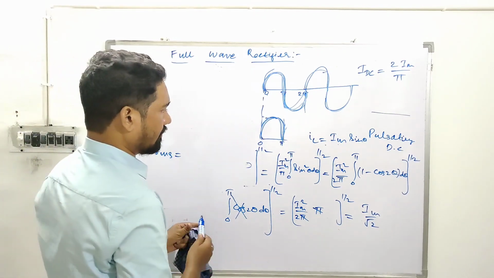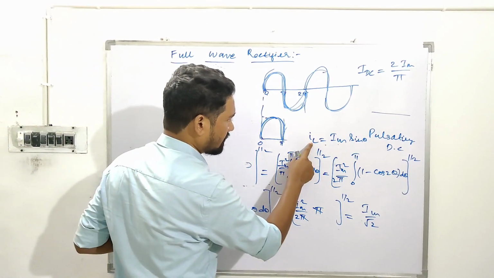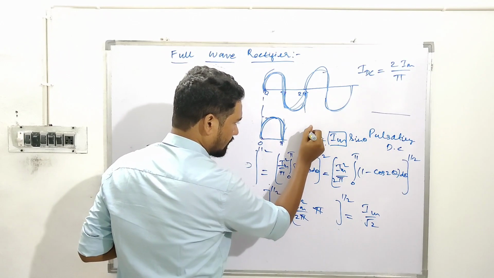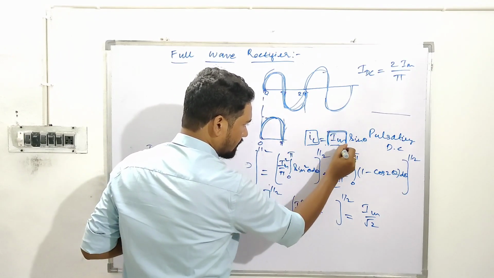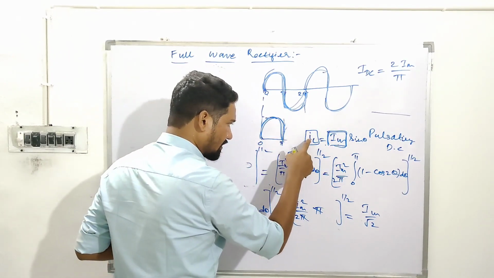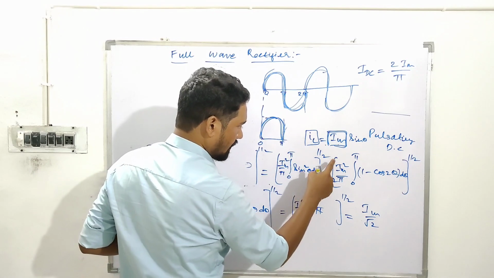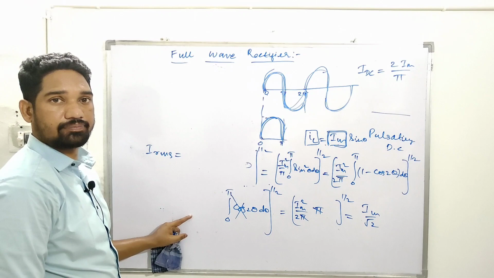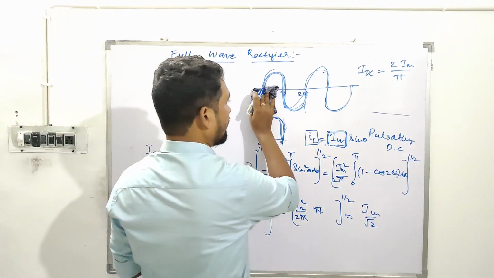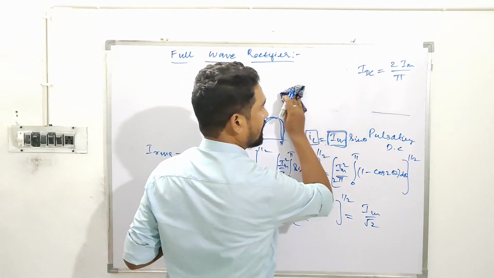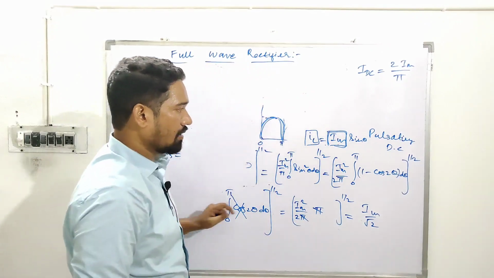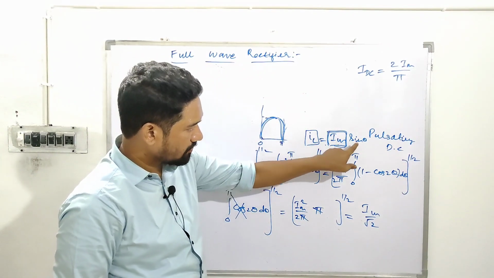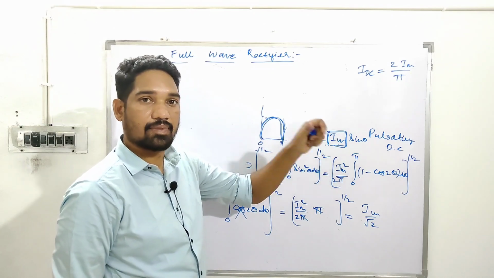What did we have here? We have current, and the RMS value of this current is this current by root 2 for a full wave rectifier. If we were in a live class, I would have asked you to write down this statement. We have current, which has become AC because it is multiplied with sine theta.